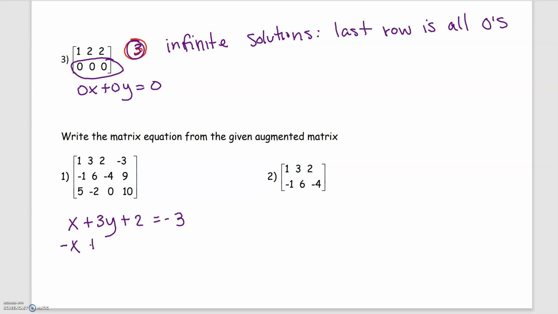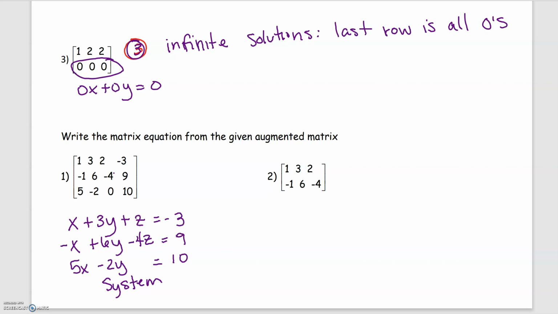Negative x plus 6y minus 4z equals 9. 5x minus 2y, and then there's no z, equals 10. So this is the system of our matrix up there.